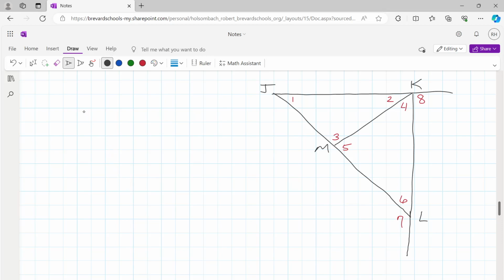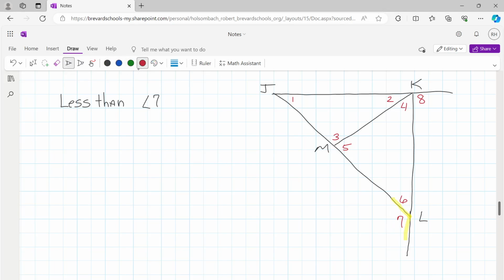We need less than angle 7. So if we identify angle 7, it's right here. It's this exterior angle. It's an exterior angle for two different triangles.